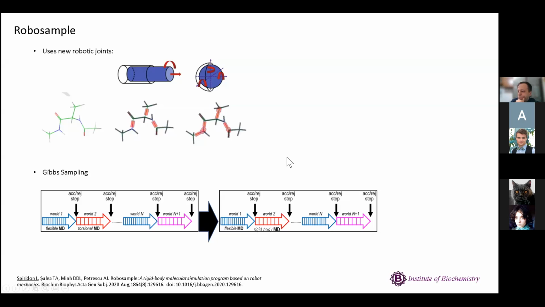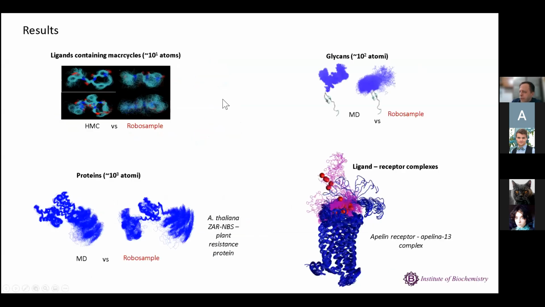And so this improved our method a little bit. We have several examples of our results, both published and a few not yet published.